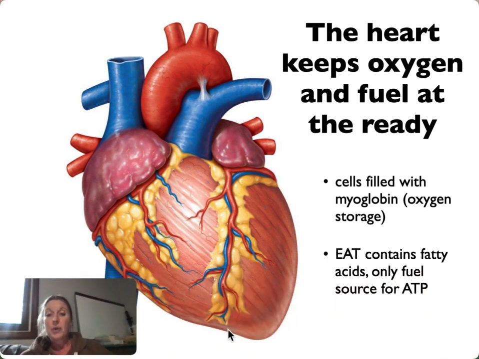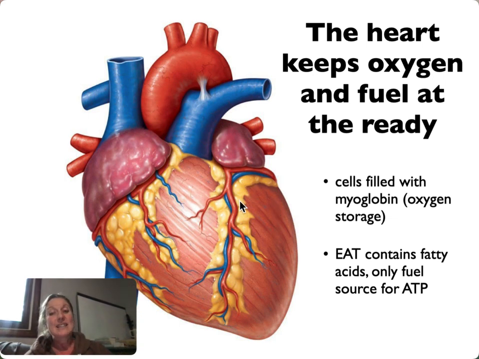The heart also keeps fuel handy. Now, unlike most of the rest of your body, your heart relies on fatty acids as its only fuel to make ATP. So the fat that you see along the coronary arteries and veins is actually known as epicardial adipose tissue, or EAT.